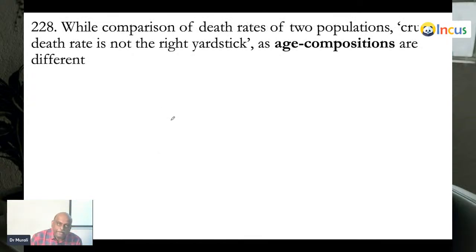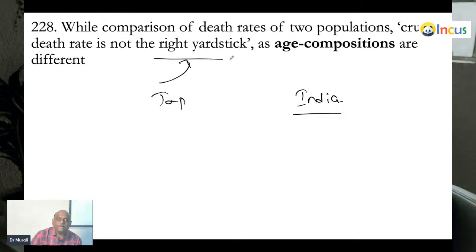Now, if you are comparing the death rate of two populations, for example, Japanese versus Indians, crude death rate is not the correct yardstick. Because in India, if somebody dies at 70, you say, okay, old man died.